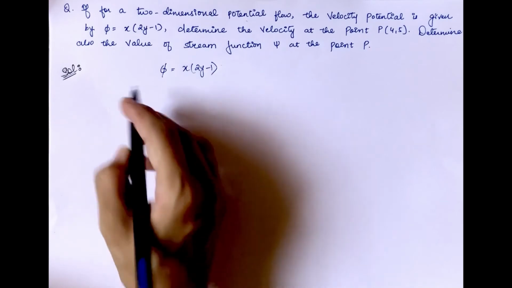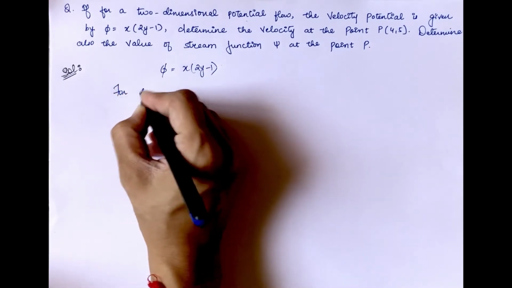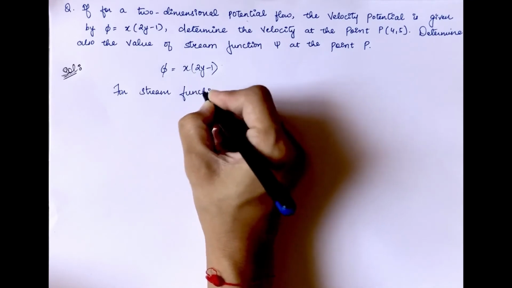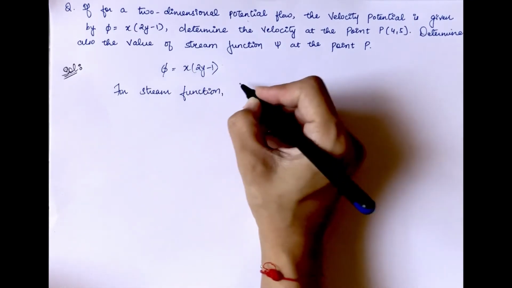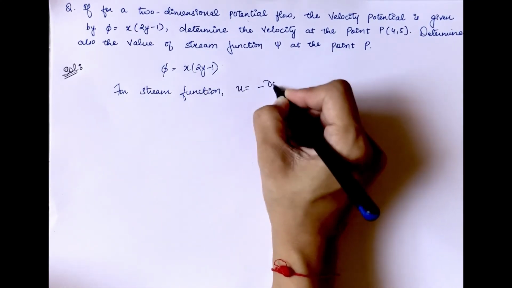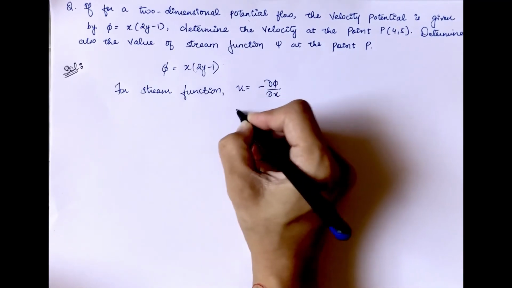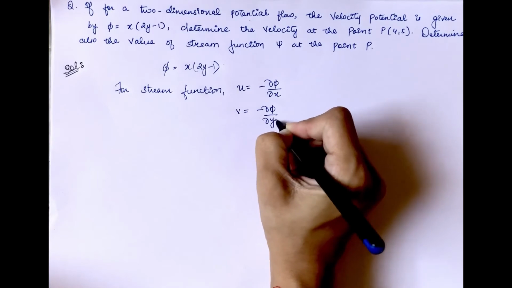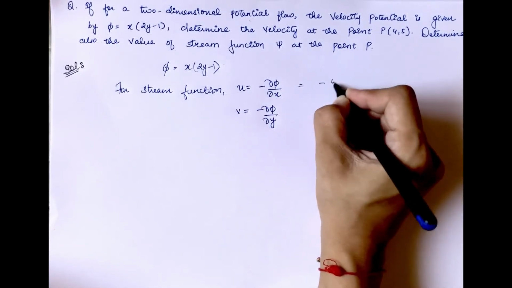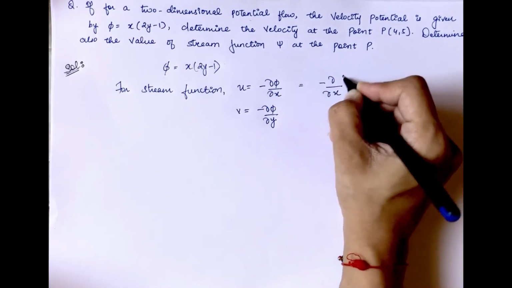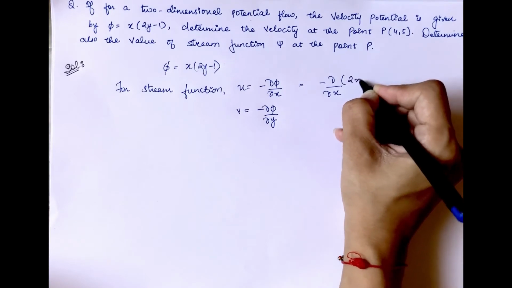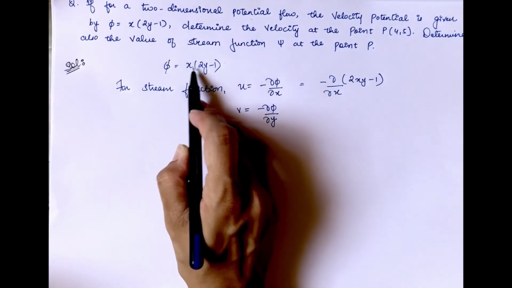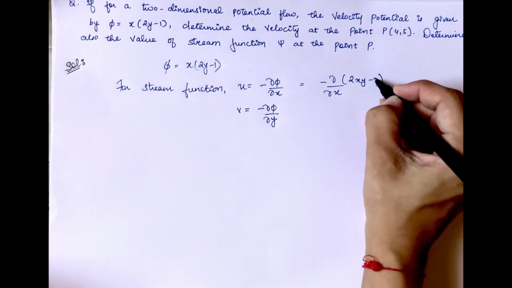Now we know that u is equal to minus del phi by del x and v is equal to minus del phi by del y. So this value would be minus del by del x of phi, that is x²y minus 1. Clearing out the bracket, it will be 2xy minus x.